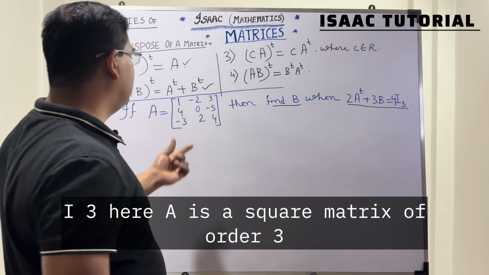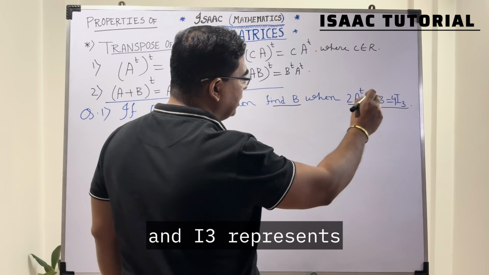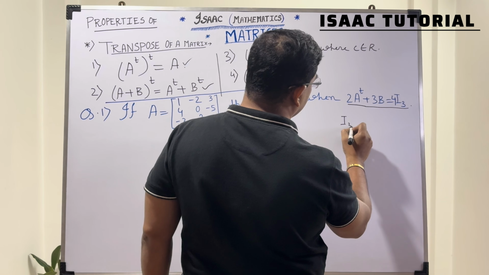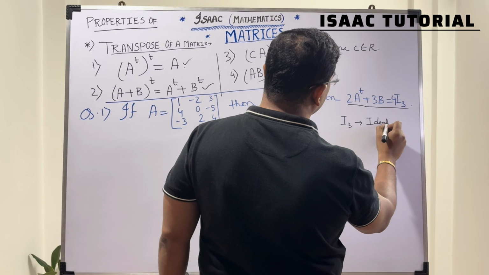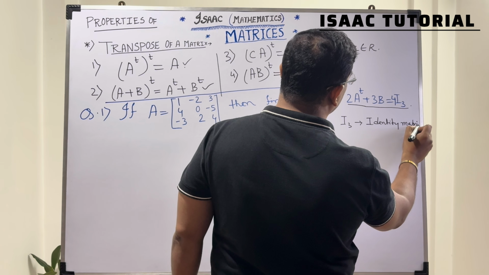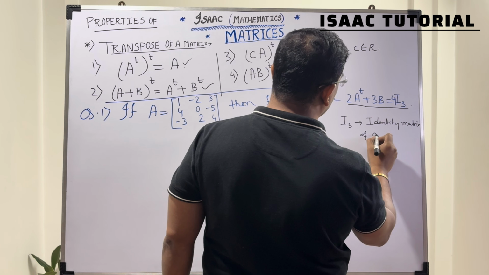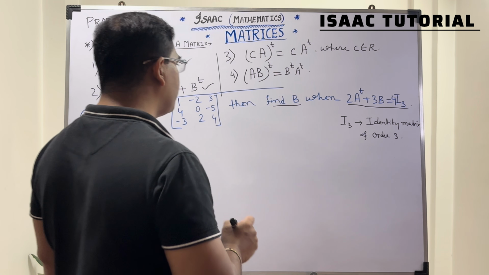Here A is a square matrix of order 3 and I3 represents the identity matrix of order 3.